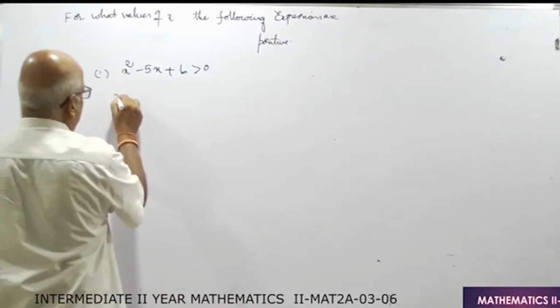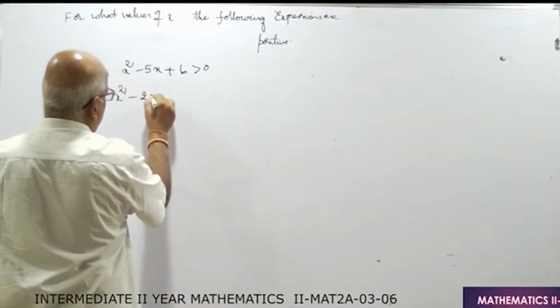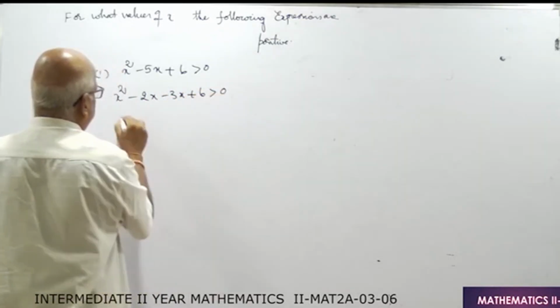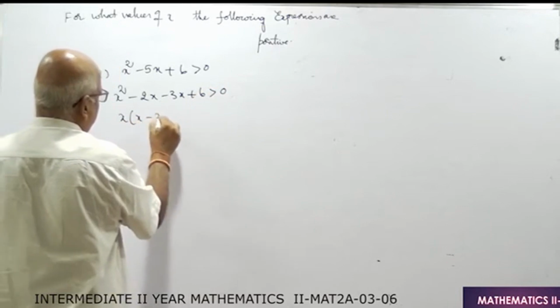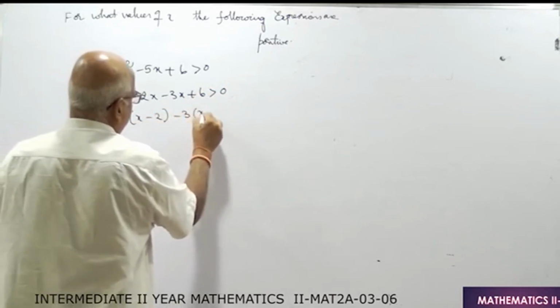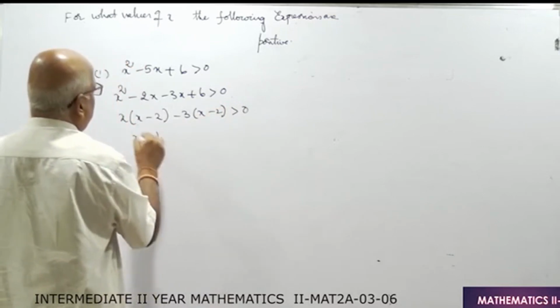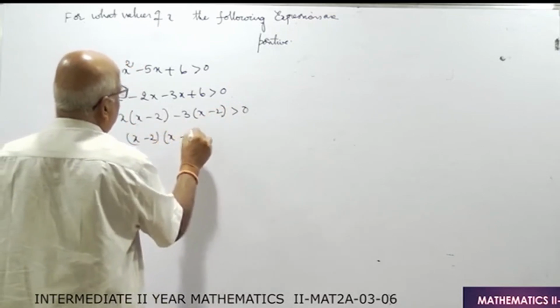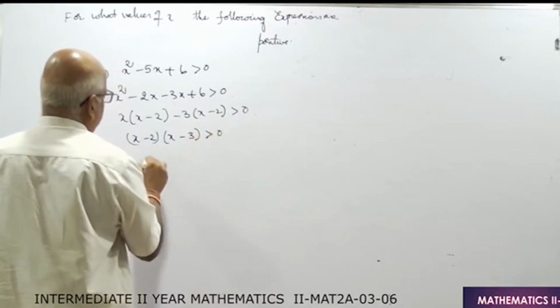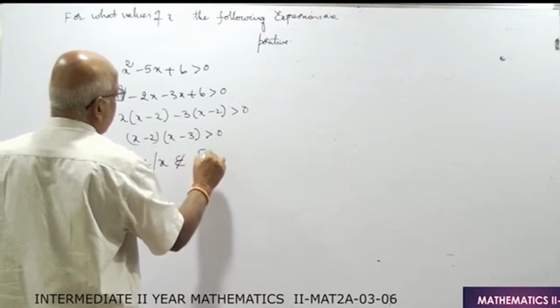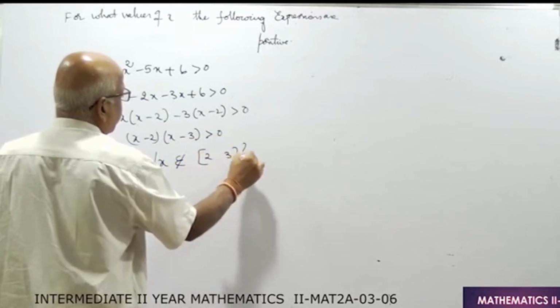So we can rewrite this as x square minus 2x minus 3x plus 6 greater than 0. x into x minus 2 minus 3 into x minus 2 greater than 0. x minus 2 into x minus 3 greater than 0. So x does not belong to the closed interval 2, 3.